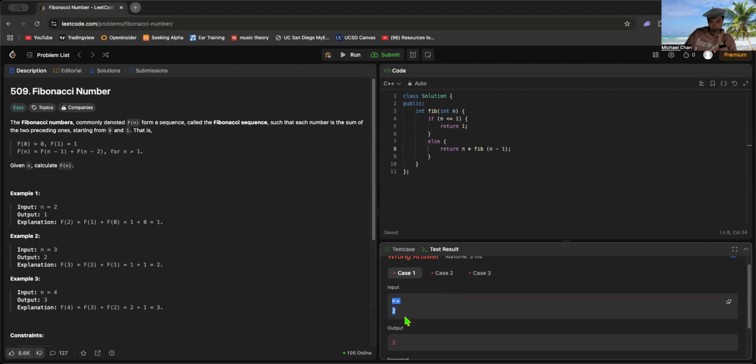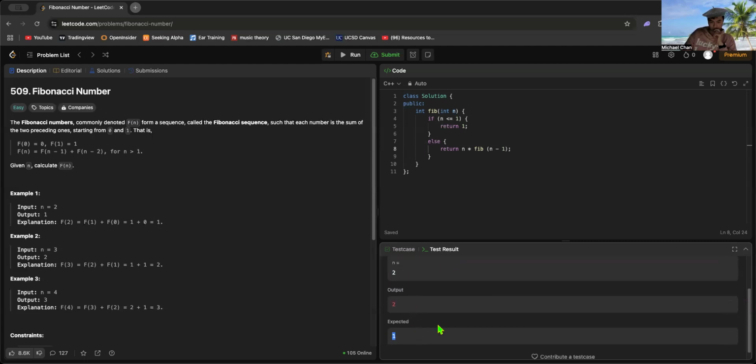Wait, how does this make any sense? If the input n equals 2, then why would the expected be 1? Ah, okay. I completely did not read the question.